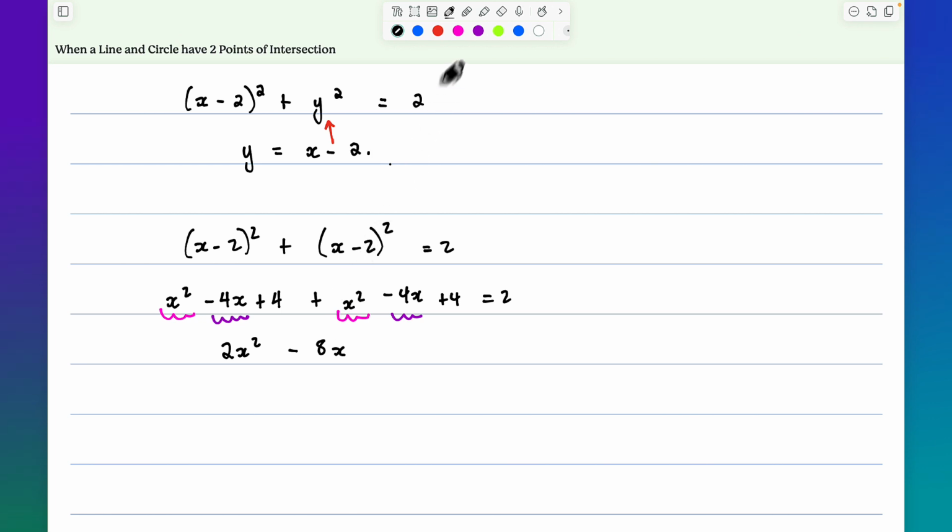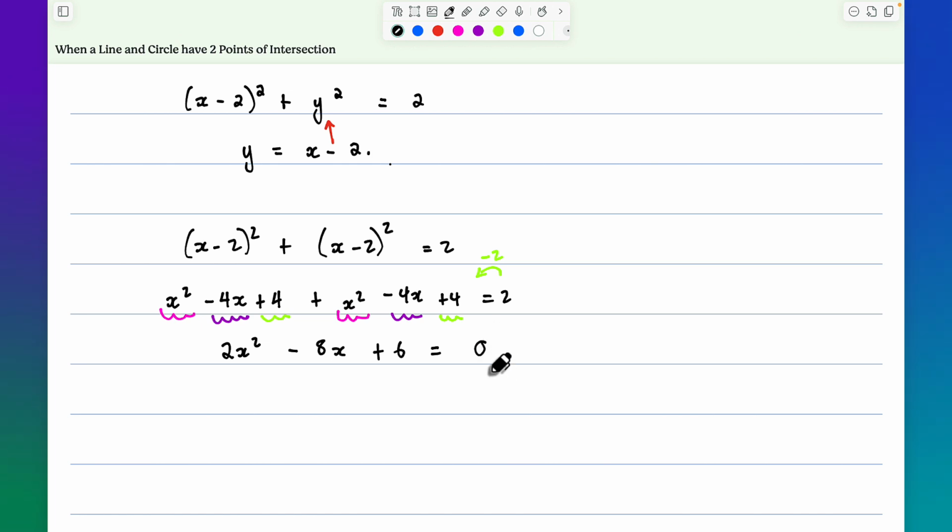And then next, we take all our constants, the positive 4 plus 4. The 2, I'm going to jump a step here, hopefully it's not too confusing. When the 2 comes to the left-hand side, it becomes negative 2. So 4 plus 4 is 8, minus 2 gives you positive 6. So that's going to be positive 6 over here. And then we have a 0 on that side.